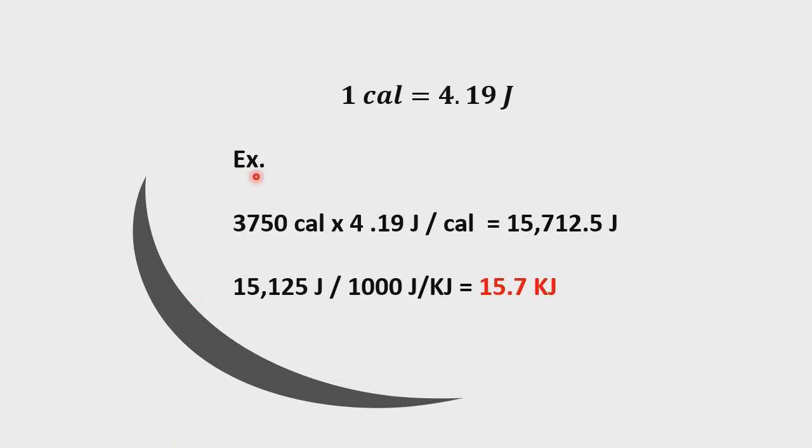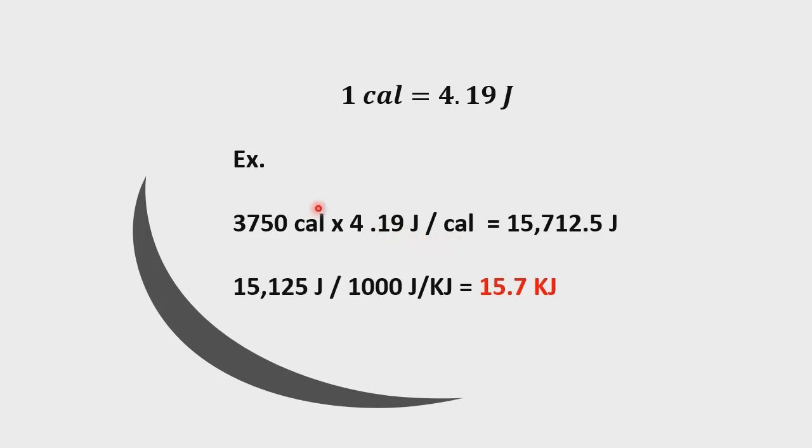So in other words, 3.750 times 10 raised to the power of 3 calories is equivalent to 3,750 calories. And we are going to convert these calories into joules. That is equal to 3,750 calories times the conversion factor, which is 4.19 joules in every calorie.